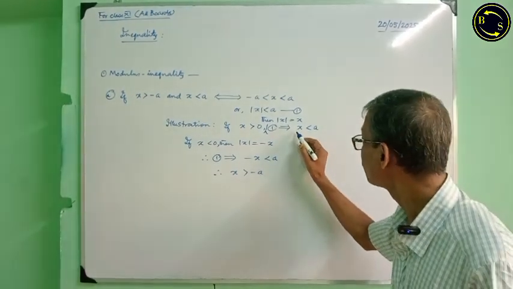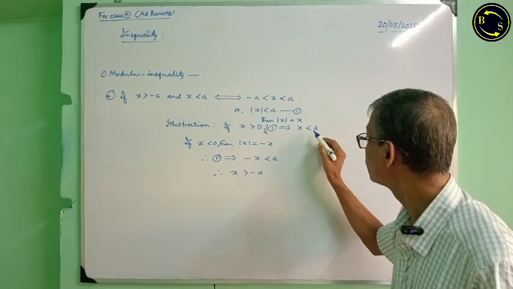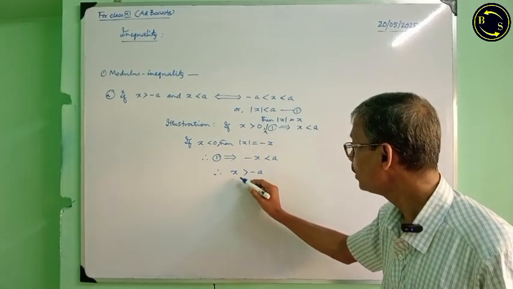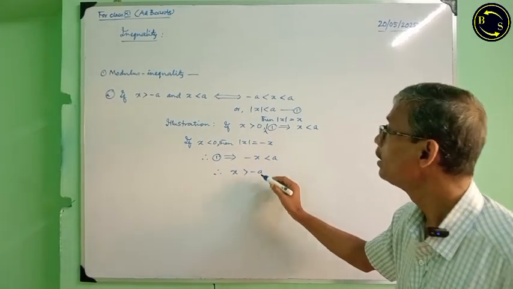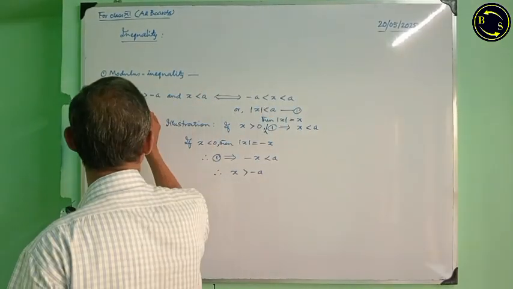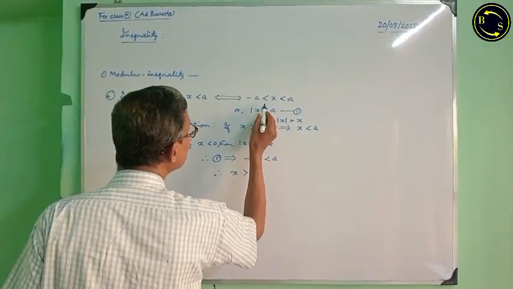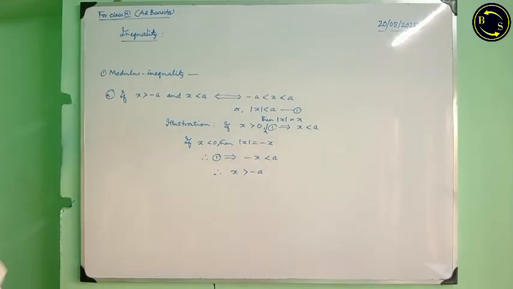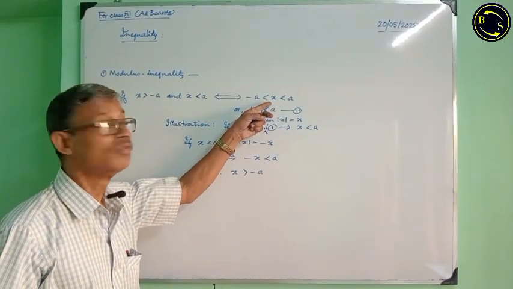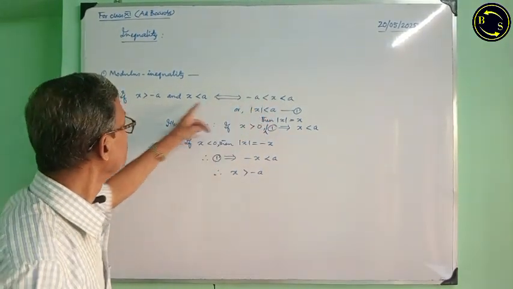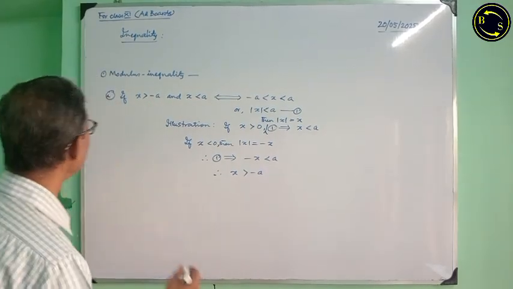Therefore, we get x less than a and x greater than minus a. Therefore, this one implies this one, and on the other hand, the right hand implies left hand.